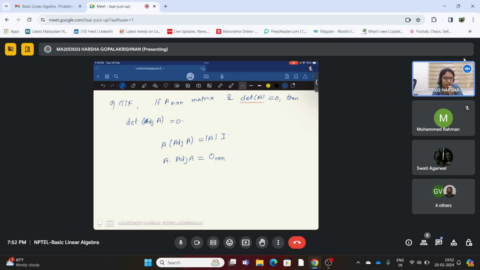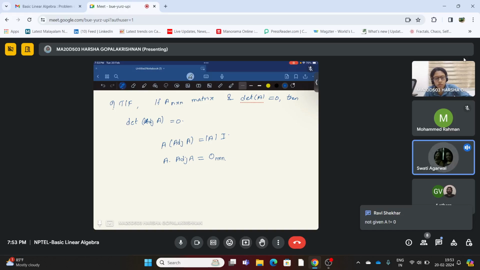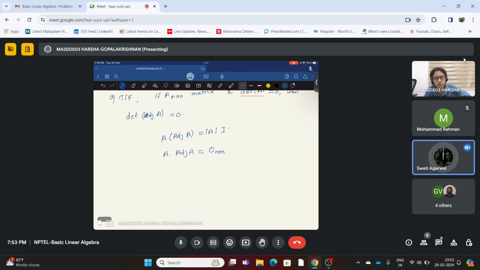A itself is a matrix which is not 0. If we take the determinant of this, we get determinant of A into determinant of adjoint of A. But determinant of A is 0, so that doesn't prove that the determinant of adjoint is also 0.